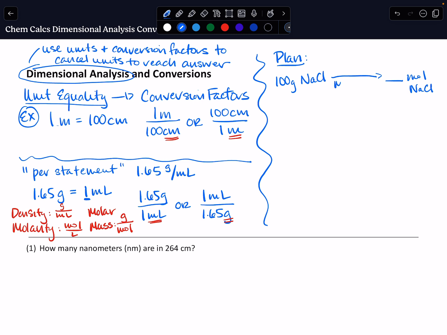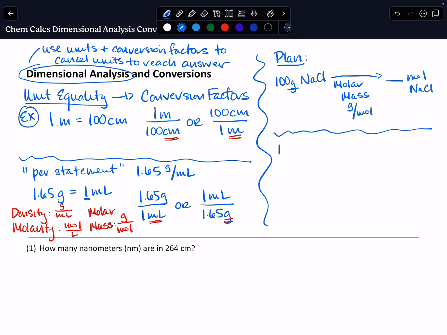That is going to be the molar mass of our substance with units of grams per mole. So when I want to go from grams of something to moles of something, I'm going to need to utilize the molar mass. That per statement, that grams per mole, is going to let me set up my conversion factors, which will in turn let me set up my unit cancellation.